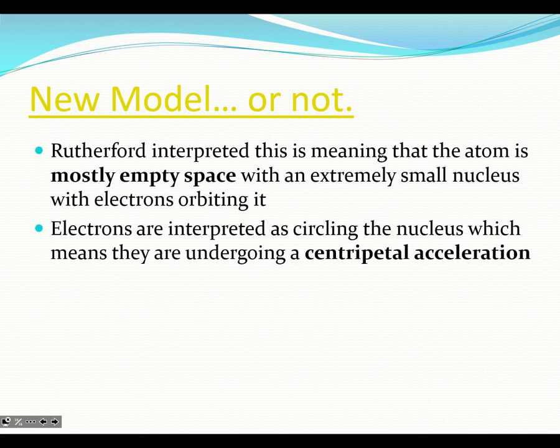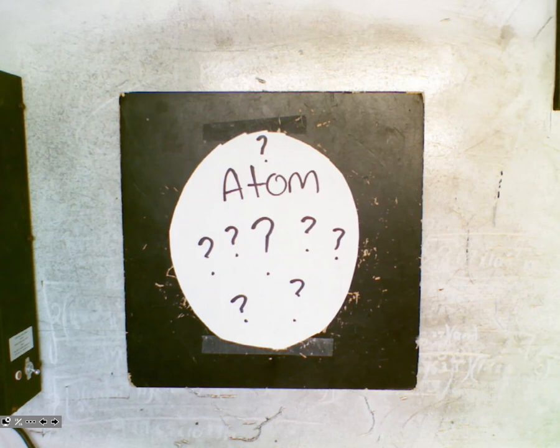But electrons are interpreted as circling the nucleus, which means they're undergoing centripetal acceleration, right? We learned earlier that if you have an accelerating charged particle, what happens to it?